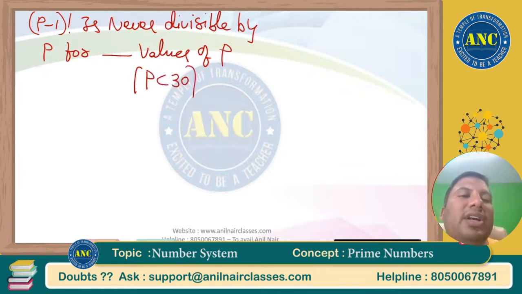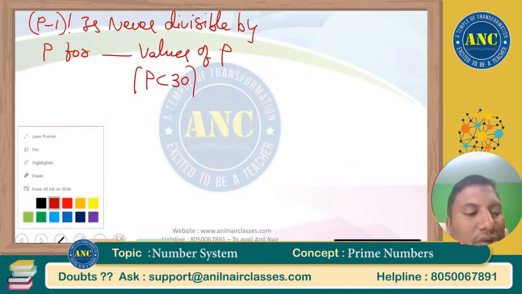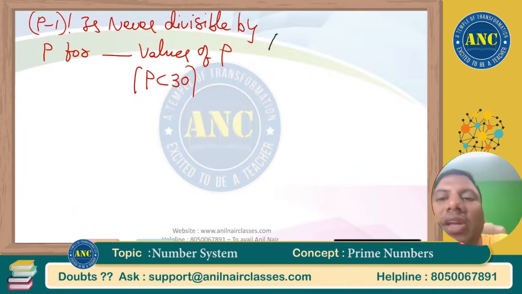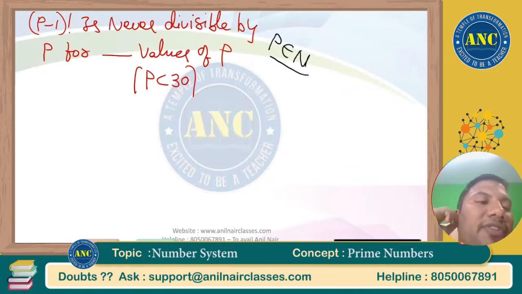P is a natural number here. Factorial is there starting from 0 factorial, but here he gave P is a natural number. Factorial only executes for whole numbers. Plus 1 is not there. (P minus 1) factorial is never divisible by P.